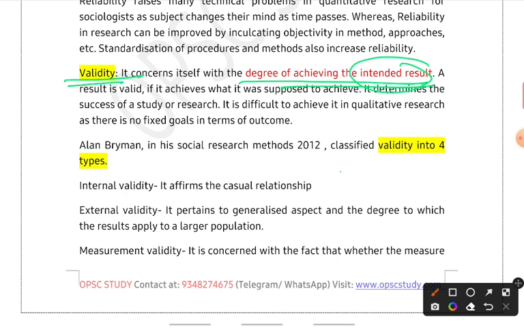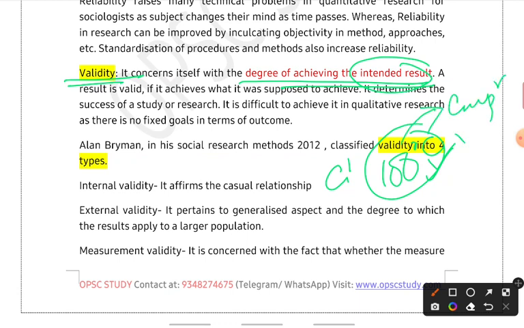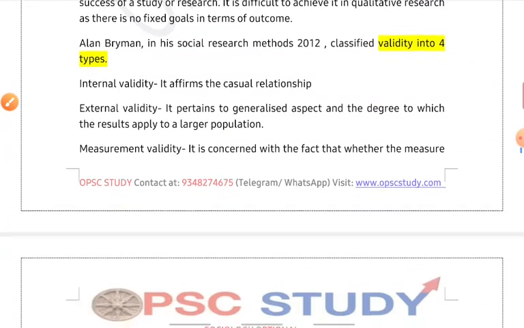You can also take an example from science: water boils at 100 degrees Celsius. Every time you boil the water, it is at 100 degrees Celsius. This is experimentally proven. So every time the water boils in and around 100 degrees Celsius, it is valid data, right? I guess you understood it.